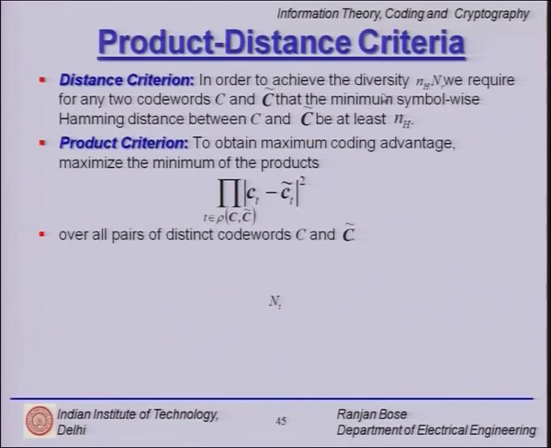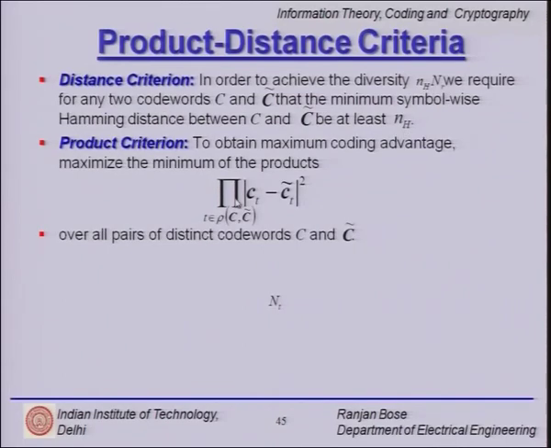In order to achieve the diversity NH NR, we require that for any two code words C and C tilde, the minimum symbol-wise Hamming distance between C and C tilde must be at least NH. This will give you the diversity of NH NR, that is number 1.